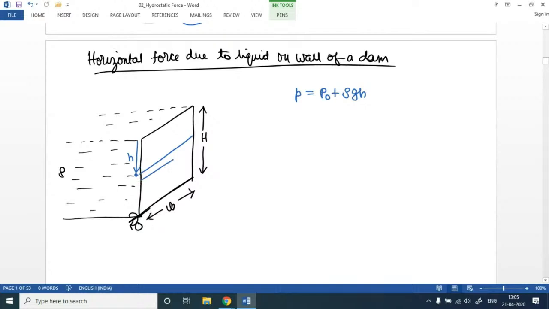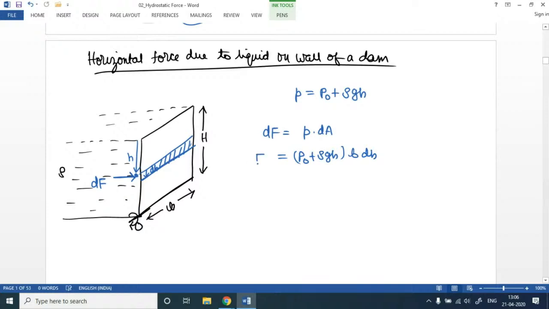So let's extend this slightly by dh, and let's try to find out the force exerted by the liquid on this small elemental area. Let's say we find dF. So dF will be nothing but P into dA, and P is P naught plus rho gh, into dA. This strip is of width b and its height is dh, so dA is going to be b dh.